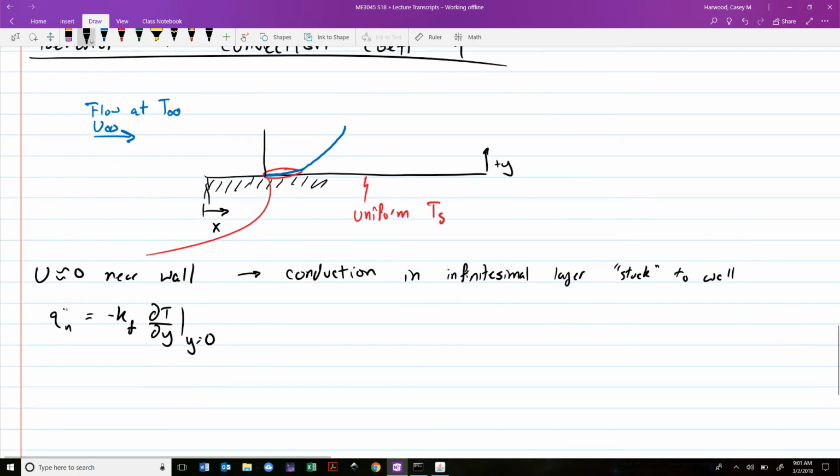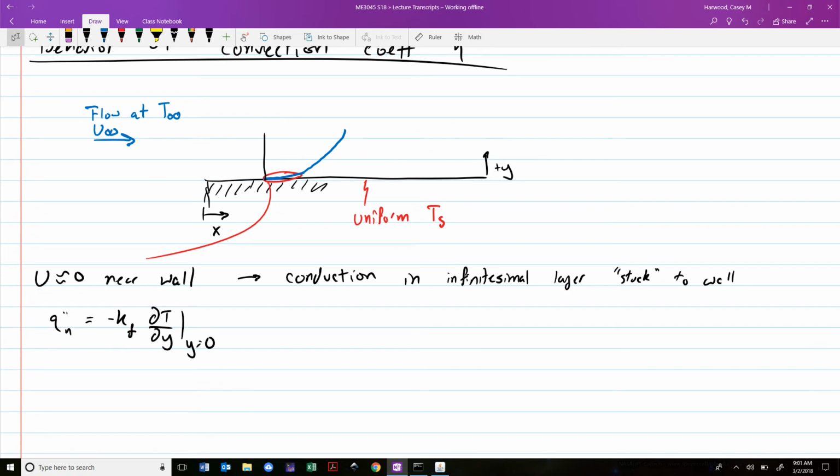Then as we travel outside of that infinitesimally small layer, once we're at any finite distance from the wall, where y is not equal to 0, or if we want to talk about the remainder of the boundary layer, we're going to have that q_n is equal to h times (Ts minus T infinity).